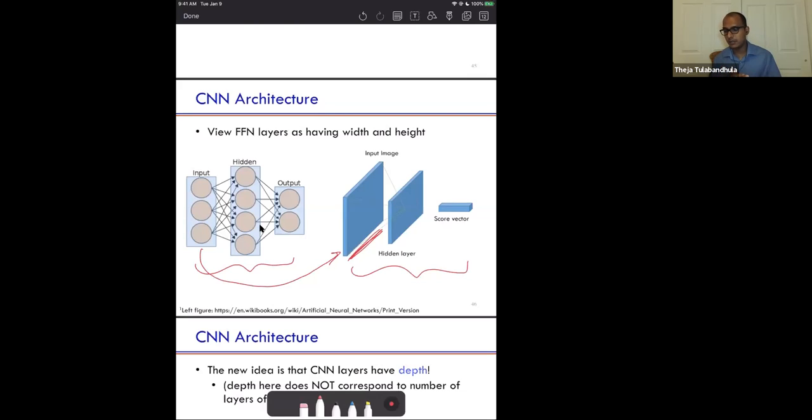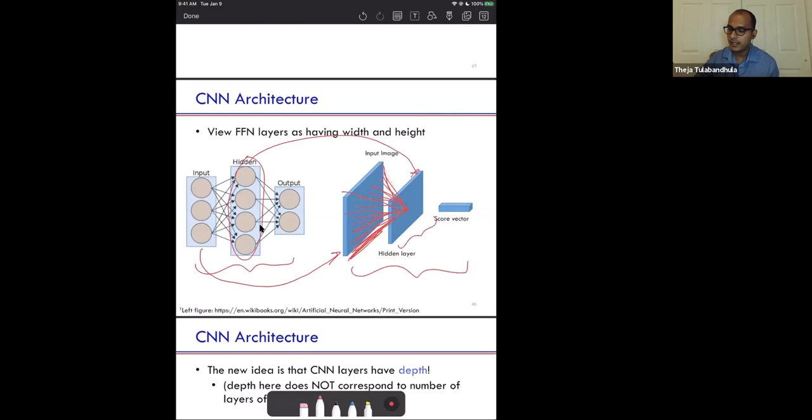Let's not worry about the depth as in the 3 colors now. But if it is like that, we can always rearrange these hidden nodes, even in the feedforward network, so that they also form a square. Basically, one neuron here is connected to every input cell, so it's a pretty dense connection. But this can be rearranged like this.